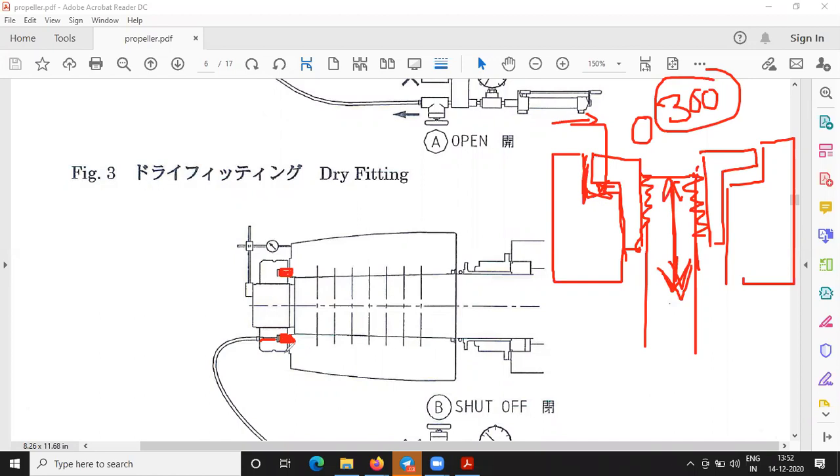Similarly, when the pressure here exceeds the strength of the propeller boss, only then will the propeller boss start moving up. Until then, there will only be some increase in the pressure, whereas the propeller boss has just adjusted its tapered surface over the surface of the tail shaft.